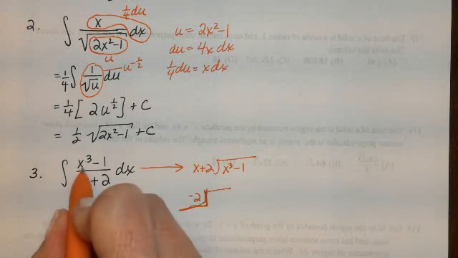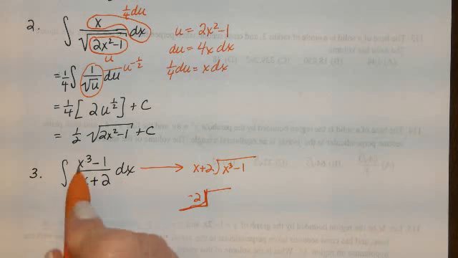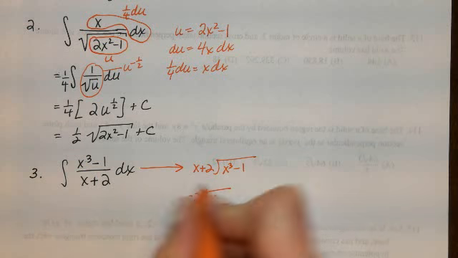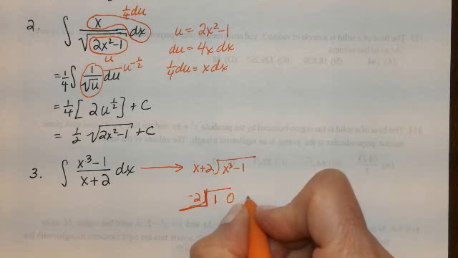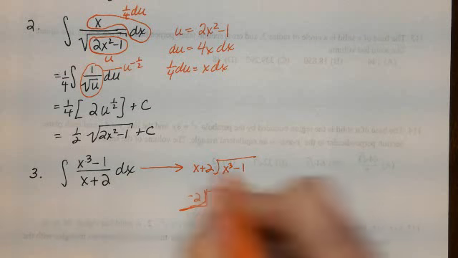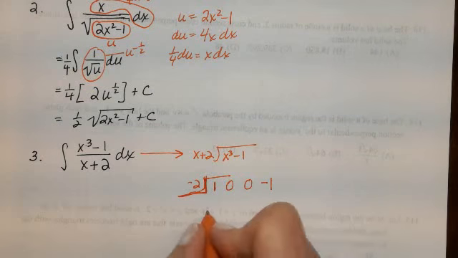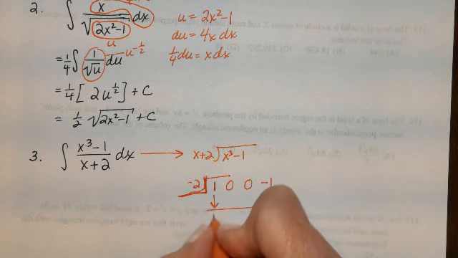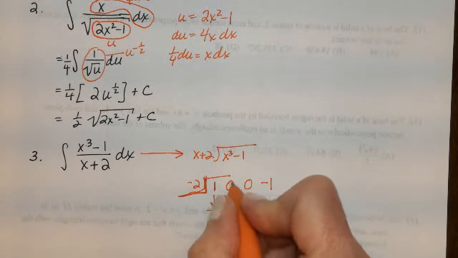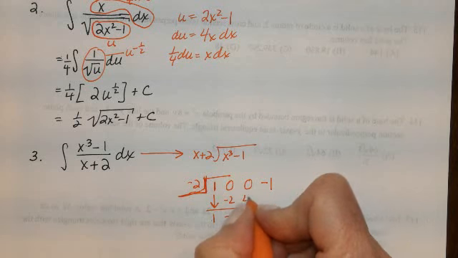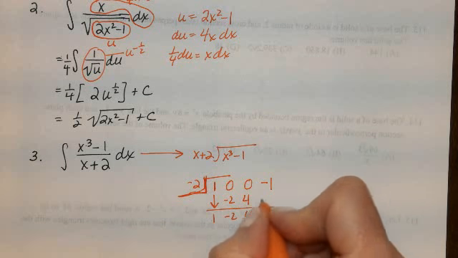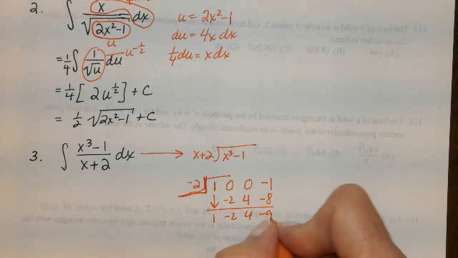And then up on top, we're going to put our coefficients, beginning with a 1 for the x cubed, a 0 for the x squared, a 0 for the x, and then a negative 1 for our constant, right? Bring down your 1, multiply and add, multiply and add, multiply and add.